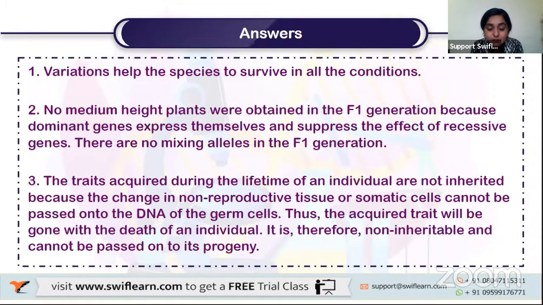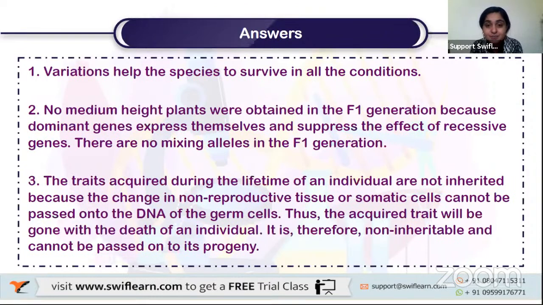Firstly, how does the creation of variation in a species promote survival? The answer is that variation helps the species to survive in all conditions. If you remember, we learned that the first thing that got produced on the earth, millions and millions of years ago, was inside the water. Then something got outside the water due to different kinds of conditions, right?